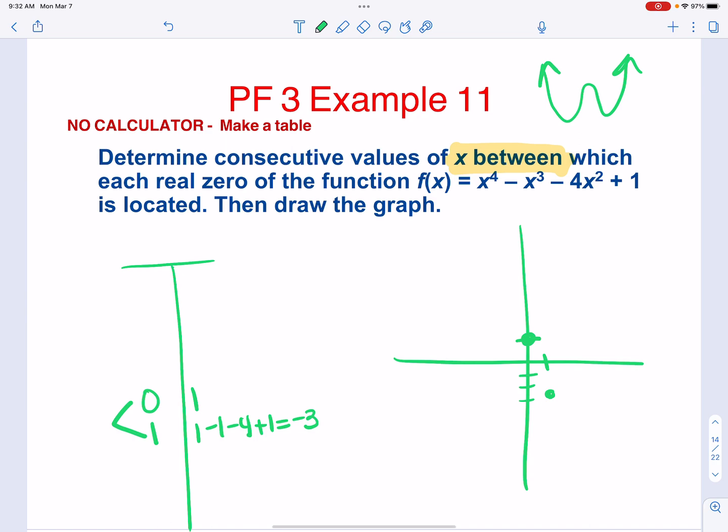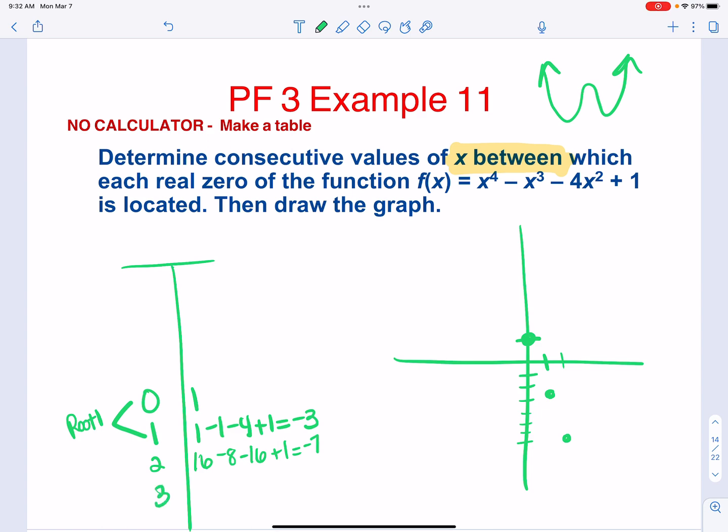So I have a root happening because it was at 1 and now it's at a negative 3. Then I'm going to put in 2: 2, 4, 8, 16, and then minus 8. 2 squared is 4, so minus 16 plus 1, that's a negative 7. Then I need to get it to go back up.